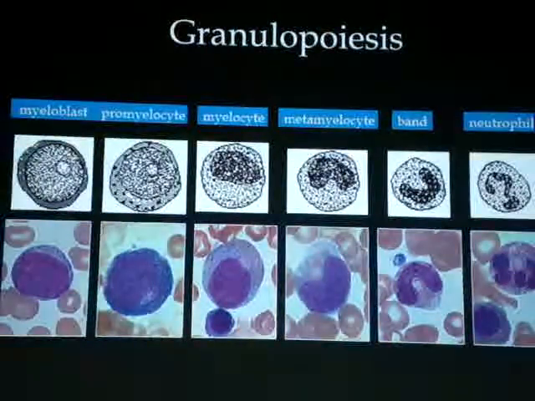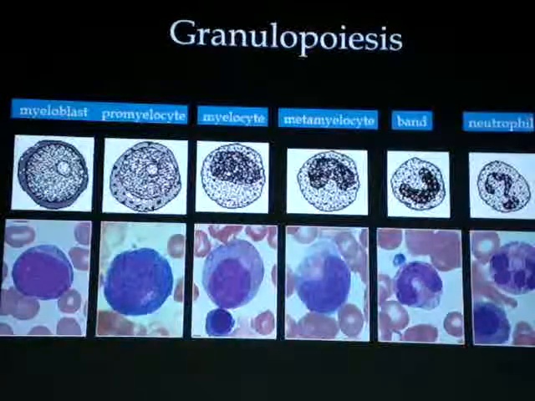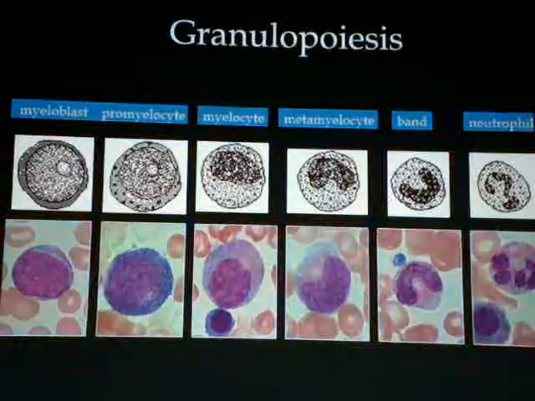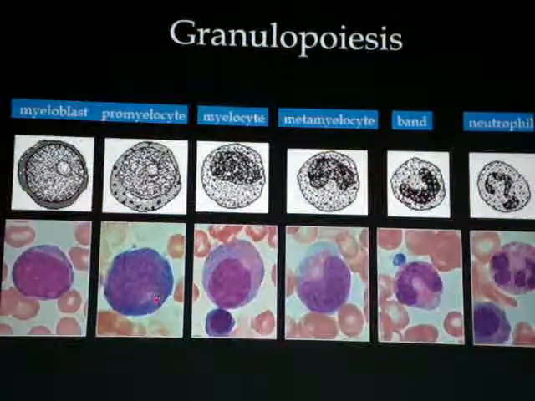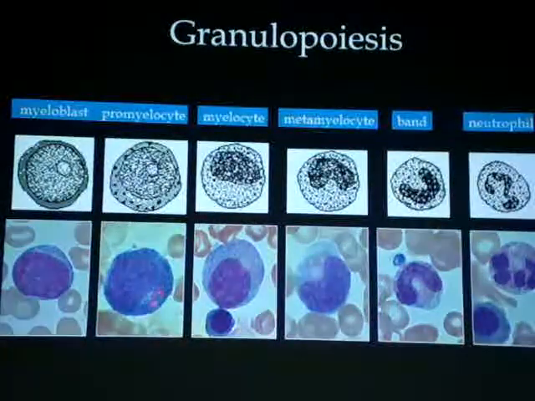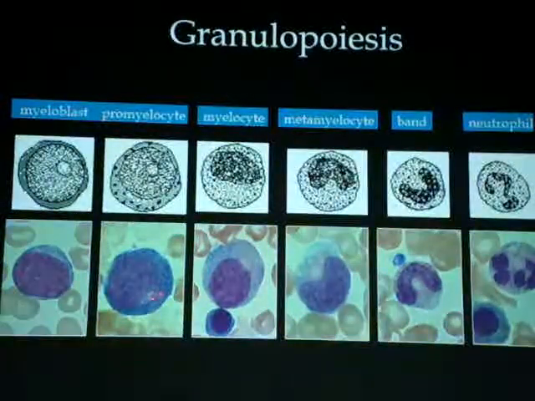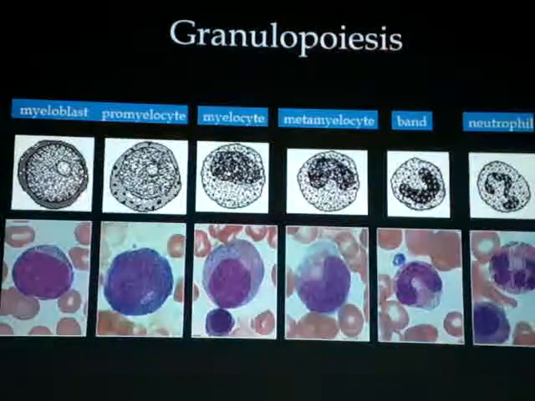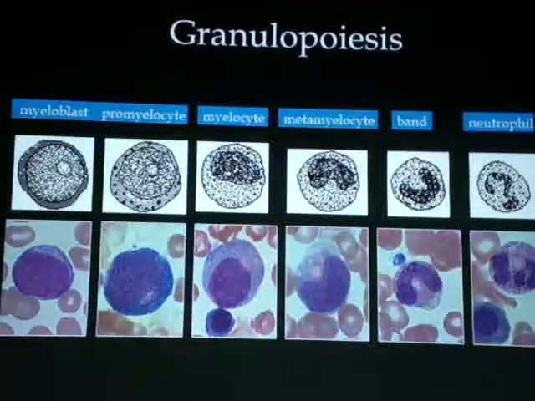And then after the myeloblast follows the promyelocyte. How will you identify a promyelocyte? Notice the dirty appearance of the cytoplasm. In this stage of leukocytic development, the first type of granules will appear in the cytoplasm.